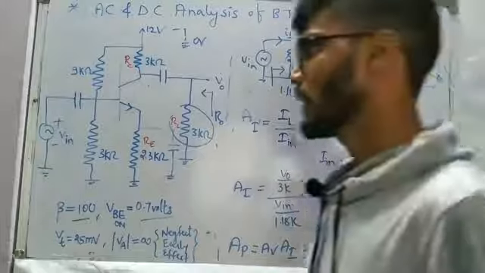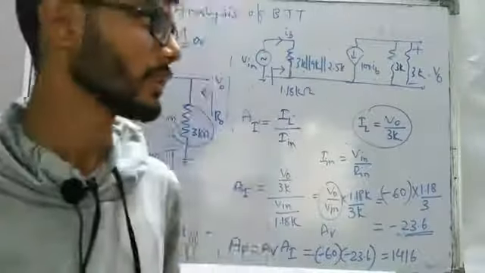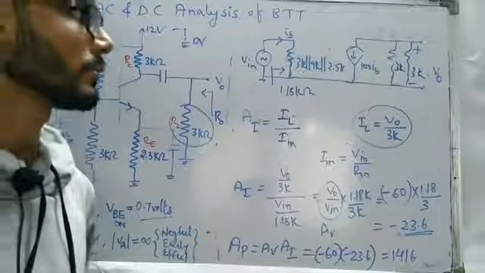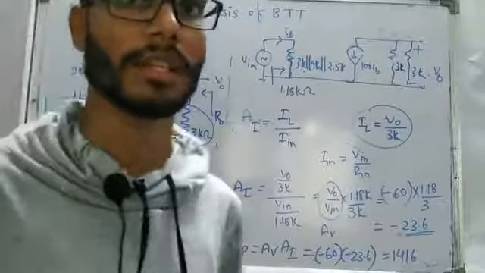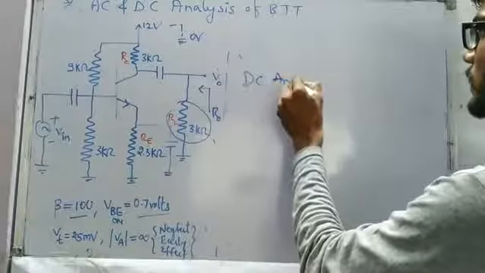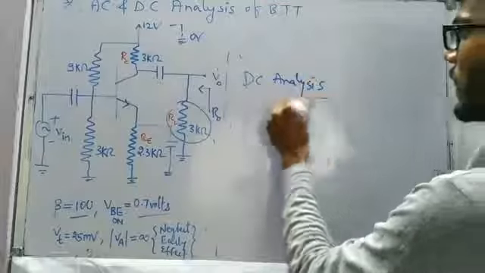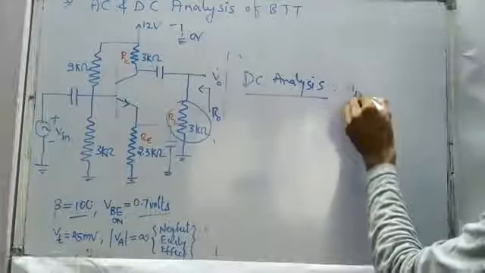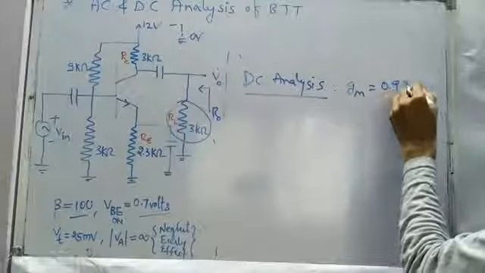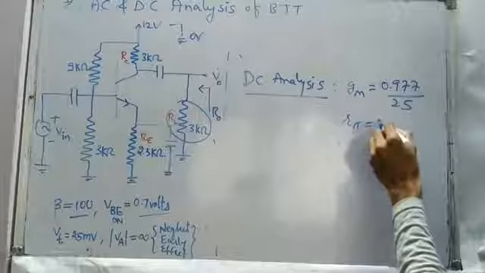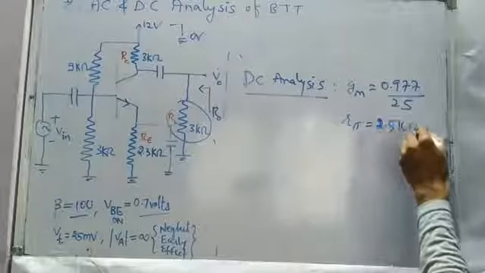So that's all. We have calculated all the parameters in the case of DC analysis as well as AC analysis. Just for summarizing, I'll write all the answers whatever we have calculated. In the case of DC analysis, we started with the protocols of writing the equivalent circuit, and we ended up with GM equal to 0.977 divided by 25, and then we calculated R pi equal to 2.5 kilo ohm.